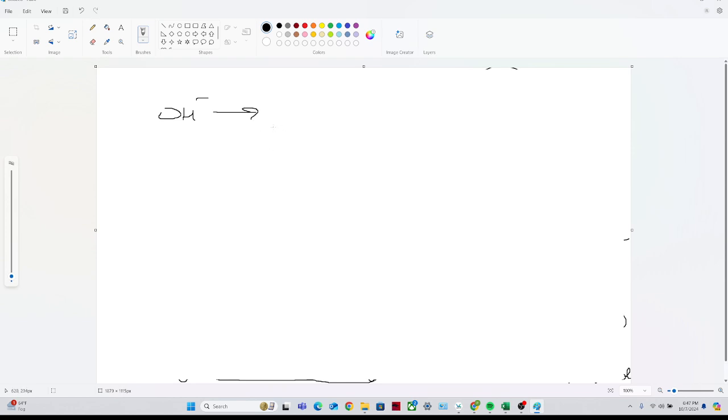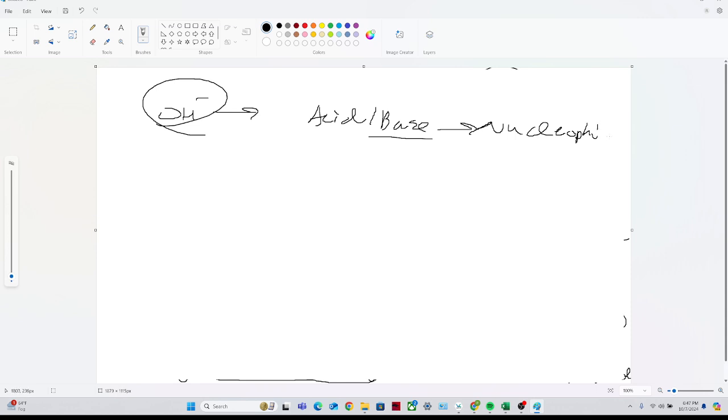As a result, you could engage its nucleophilicity and get some unwarranted reaction. So be very careful when you're doing acid-base chemistry not to confuse hydroxide as a base when it is really a nucleophile. That brings me to my next point: figure out whether your reagents are going to do acid-base chemistry before they react.